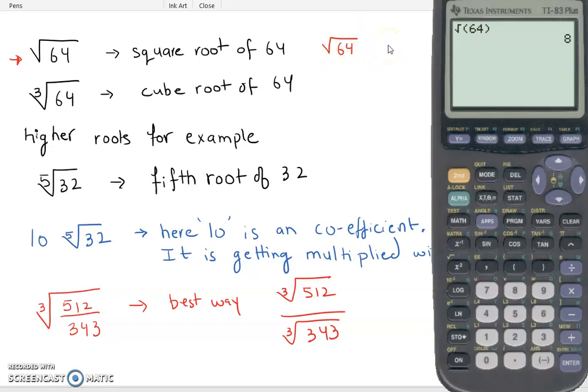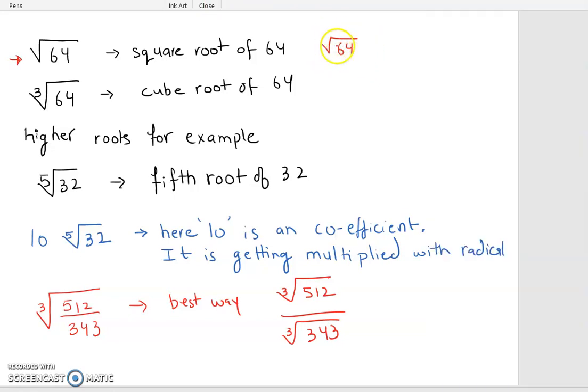You may need this later when doing higher calculator functions. For example, if you wanted to find the square root of 64 and then add 2, if you don't press that side arrow button, it will keep doing this.